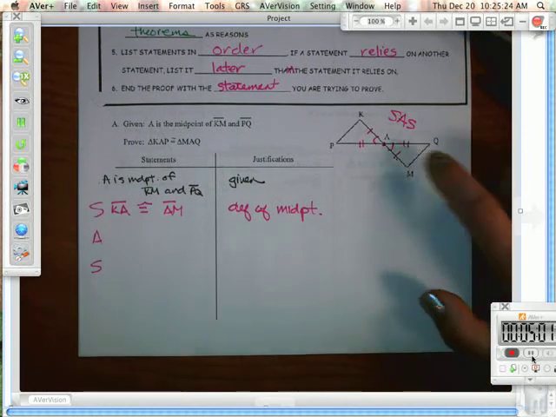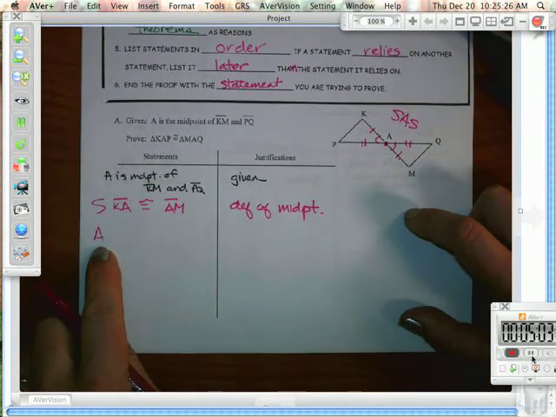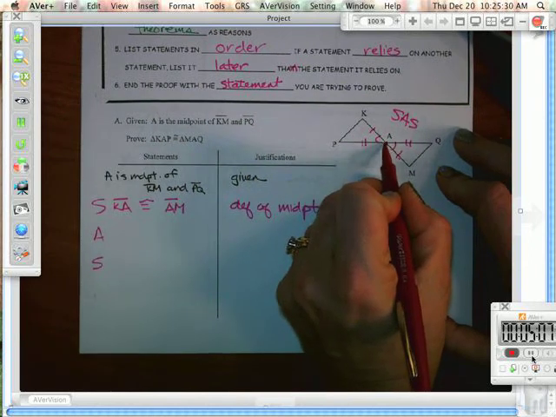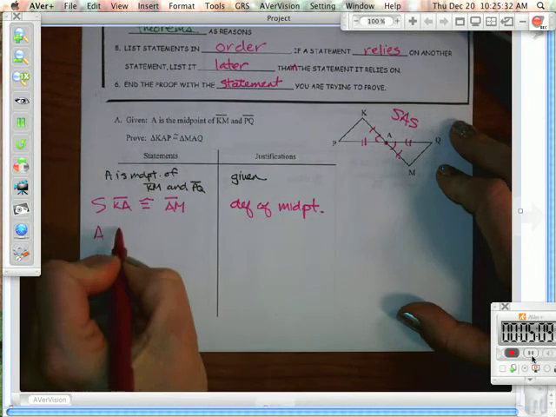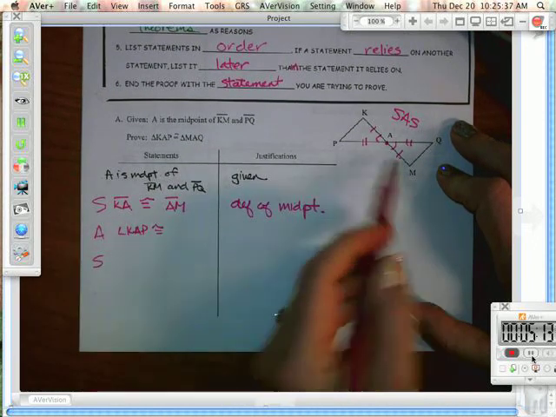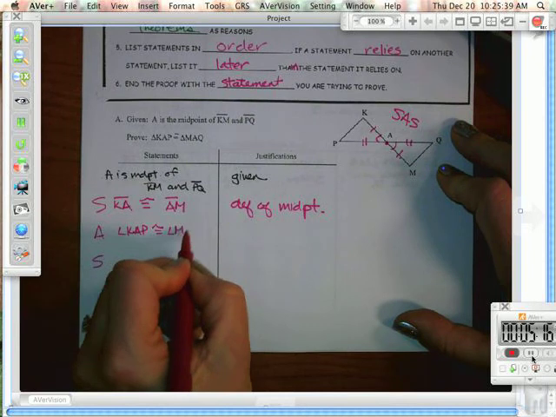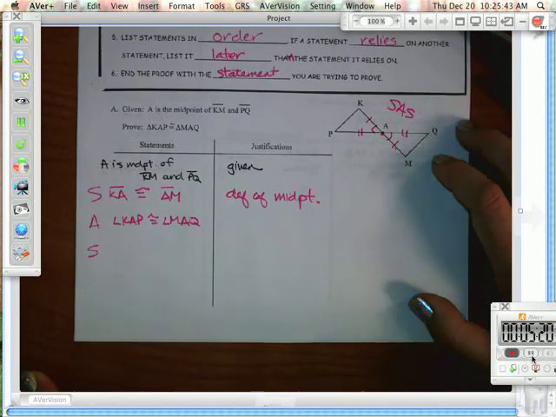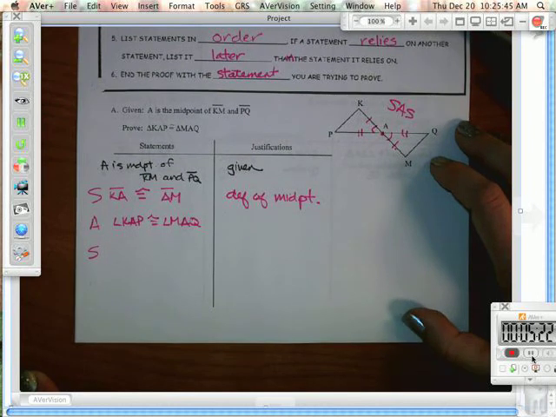Okay, the next thing I want to prove is my angles. I can't just say angle A. I have to say angle KAP is congruent to angle MAQ. How do I know those angles are congruent? Which theorem are we using? What kind of angles are they? Vertical.